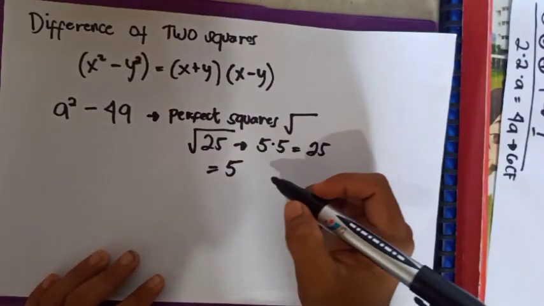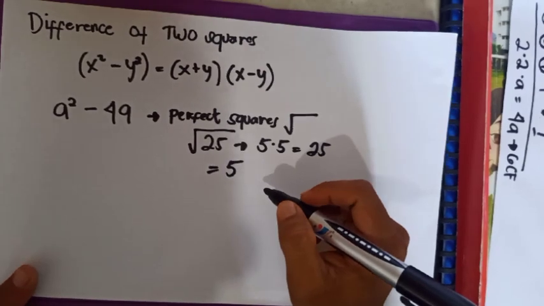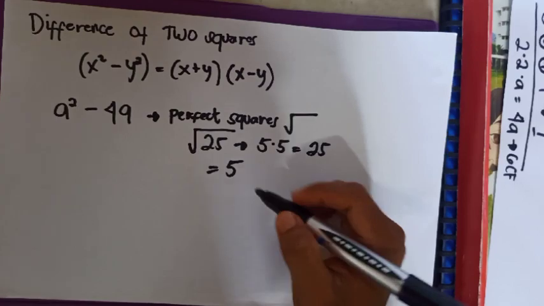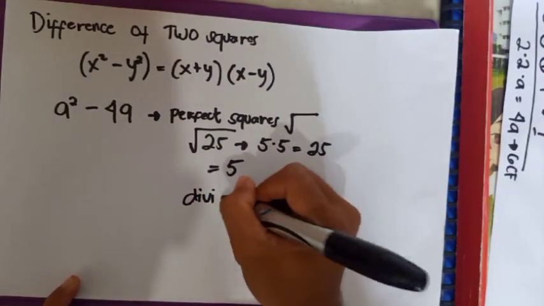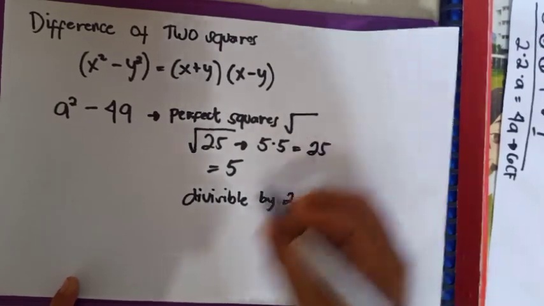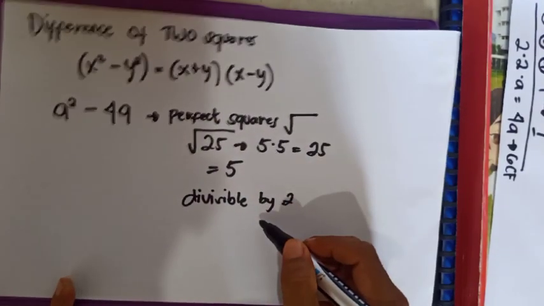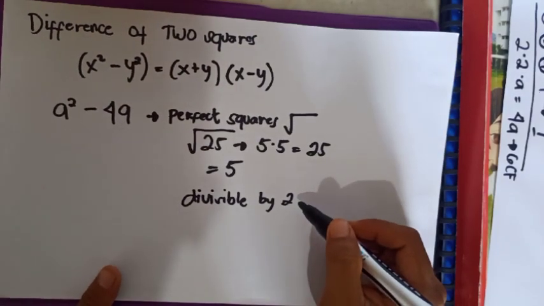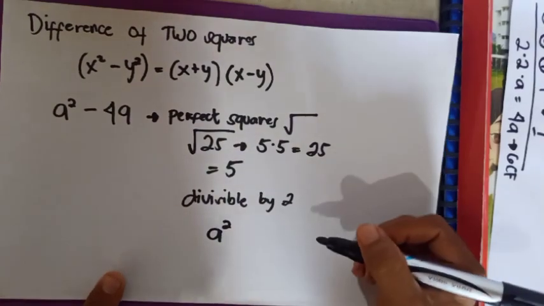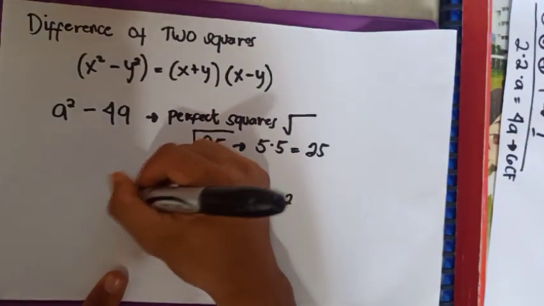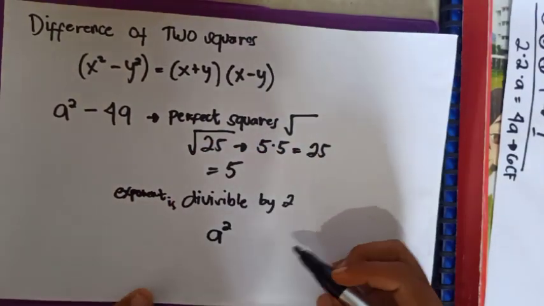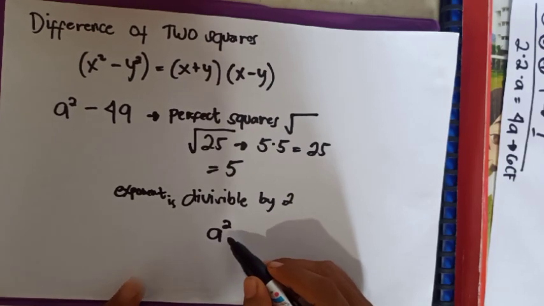Now, for variables, for us to determine if it's a perfect square variable, the exponent needs to be divisible by 2. For example, we have a squared. What is the exponent of a?